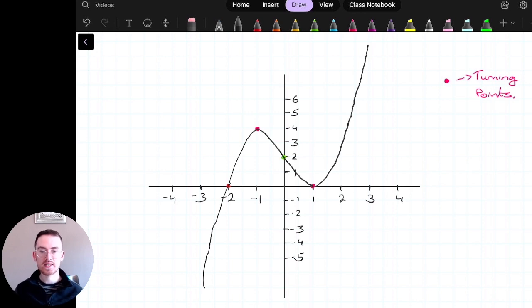Using the points that we found, we found our maximum and minimum turning points. We know that the graph needs to turn at those points. The y-intercept told us where we're crossing the y-axis. The x-intercept, if you like, or the roots, told us where we're crossing the x-axis. We might have a case where we have to find more of the roots, which can be a little more difficult. A lot of the time they might give us one root, which helps us work with it.